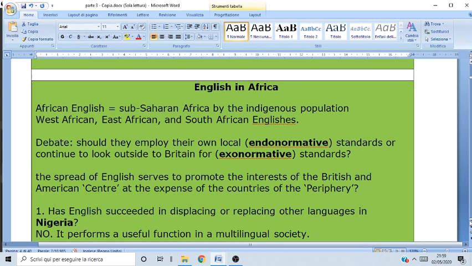And so there's an ongoing debate about whether these populations should use their own language standards, endonormative, or if they should continue looking outside, looking at the inner circle, more specifically to British English for standards, and so exonormative, meaning should these varieties of English look for their own standards, or should they always look at Great Britain for language standards?